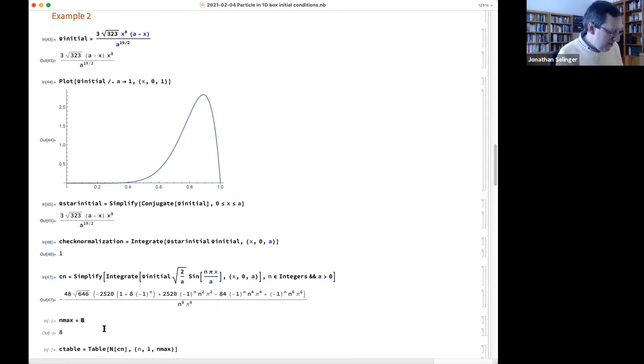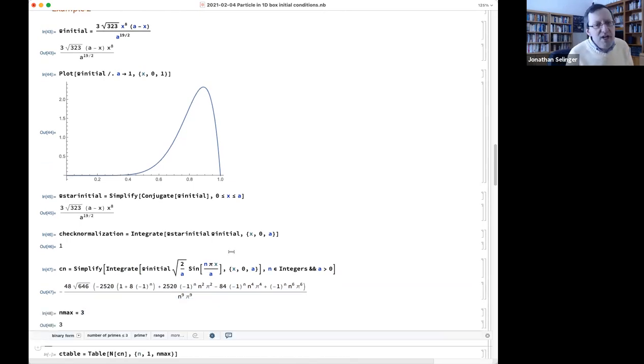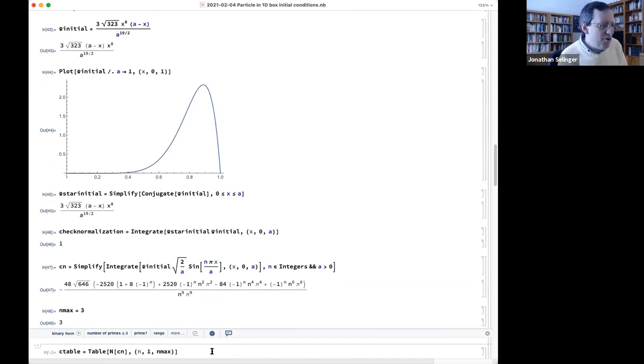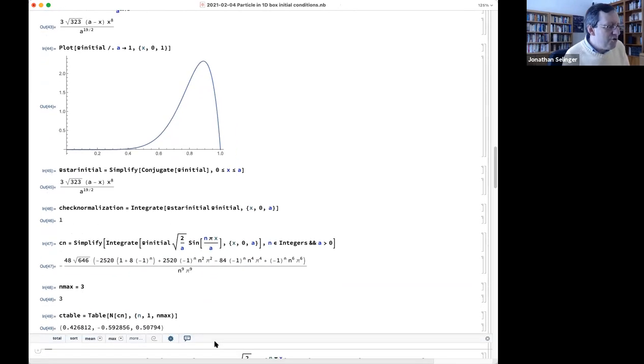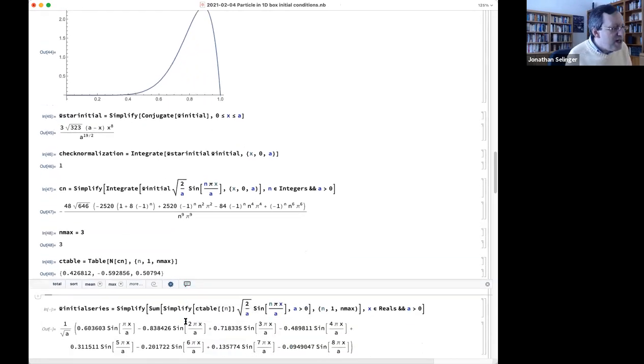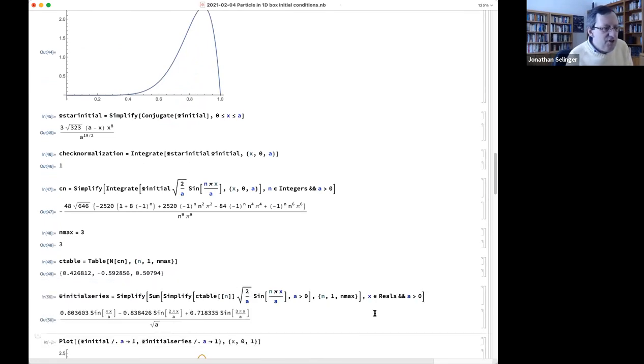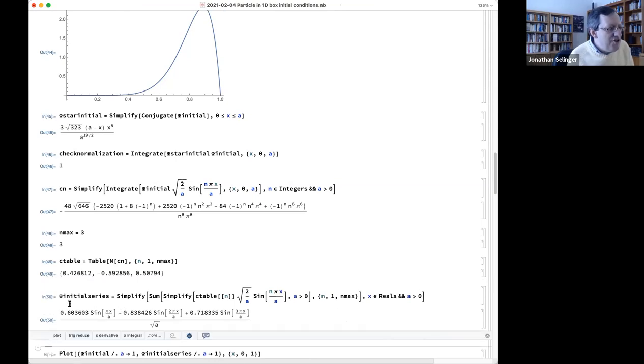So let's try it. Let's go up to n equals 3, for example. I'll make a table of all of those results up to n equals 3. And then if I put those into the series, I could say my initial Fourier series is going to be this kind of thing: something times solution 1 plus something times solution 2 plus something times solution 3.